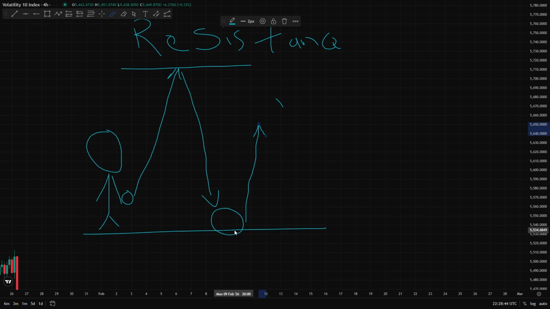The floor supported the ball in heading back to the initial direction, which is the upward direction. So that is what a support means, and this is what a resistance means.